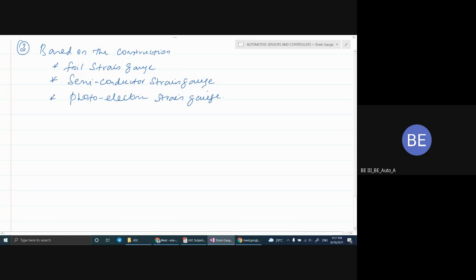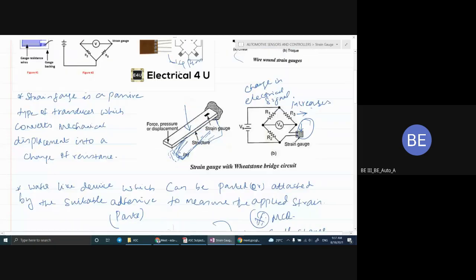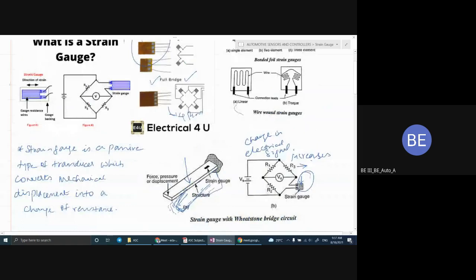This strain gauge is available in different gauge sizes and can be utilized in various shapes.